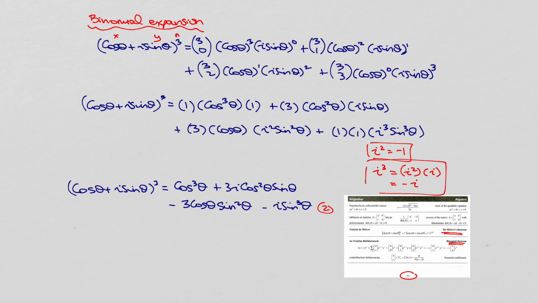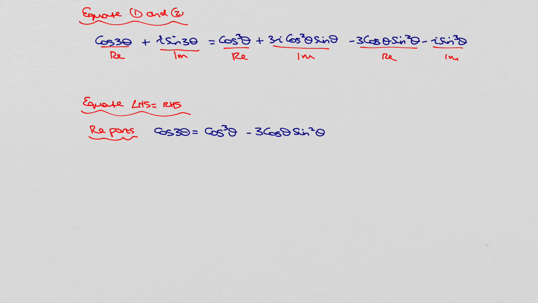So there's no sines in my answer, which means that I don't want this. So if I don't want the sine squared theta, I have to remember that on page 13 in my maths tables, our favourite identity, sine squared theta plus cos squared theta equals 1. So that means that I can write sine squared theta as 1 minus cos squared theta.